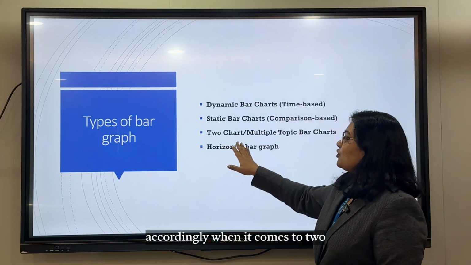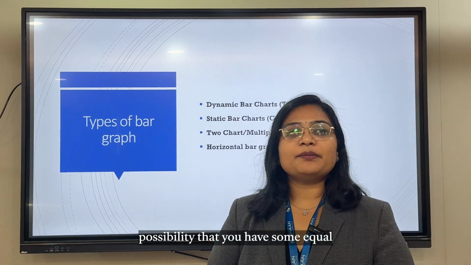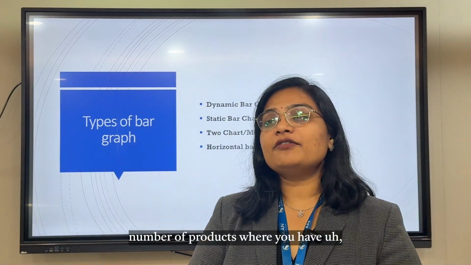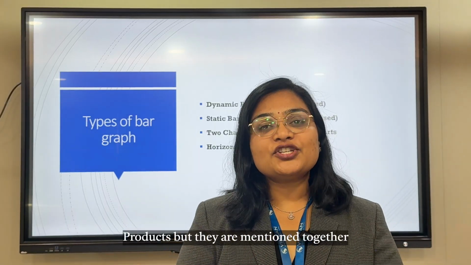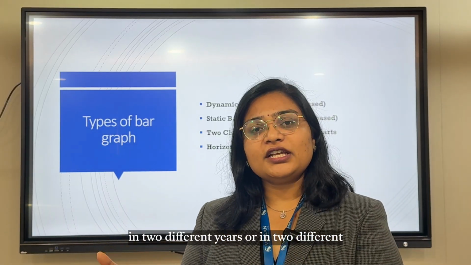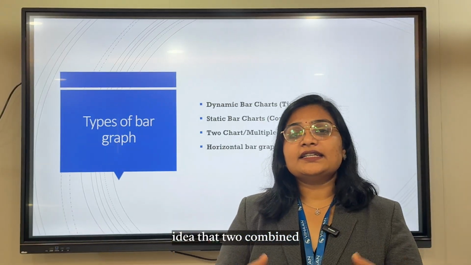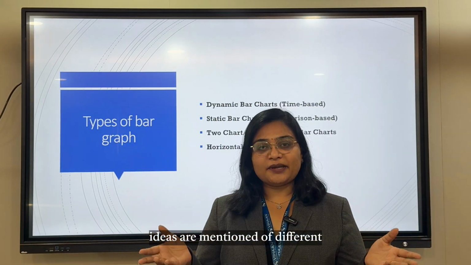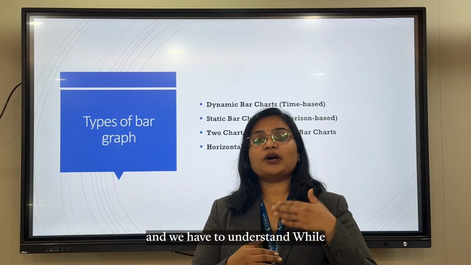When it comes to 2 charts or multiple bar charts, there is a possibility that you have an equal number of products. You have similar quantities, simple products, but they are mentioned together in 2 different years or in 2 different nations, where we have to keep in mind that 2 combined ideas are mentioned for different places. We have to justify them and understand them.